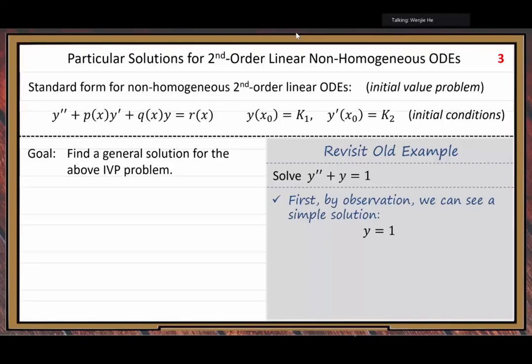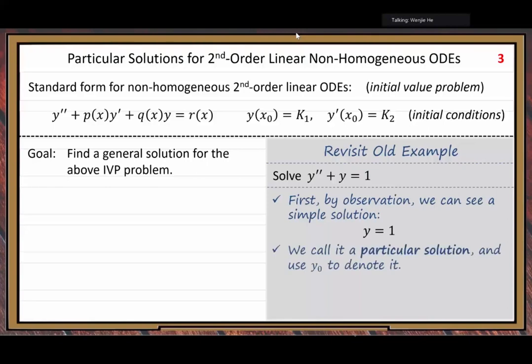This is just one special solution, so we call it a particular solution. But it is useful. One particular solution helps us to solve the non-homogeneous ODE.